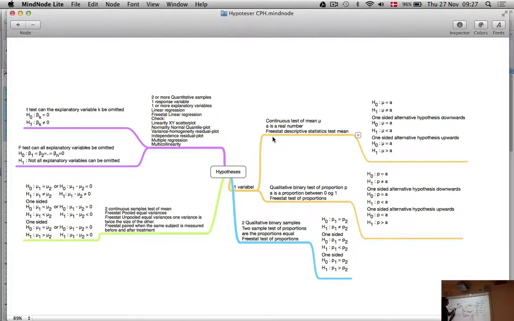And then we have the variance homogeneity residual plot, where we check if there's a cone shape. There must not be a cone shape of the residuals, right? So then we have to report it. That's the third assumption. And then there's independence in the residual plot.